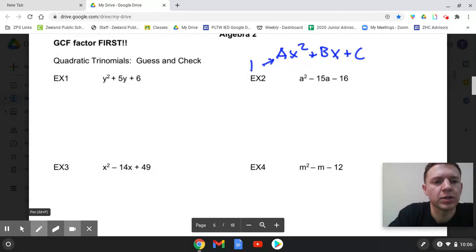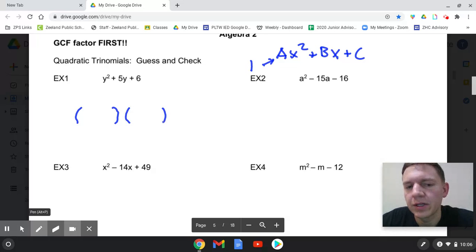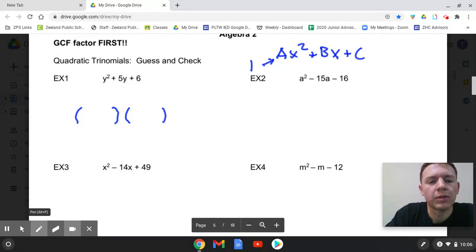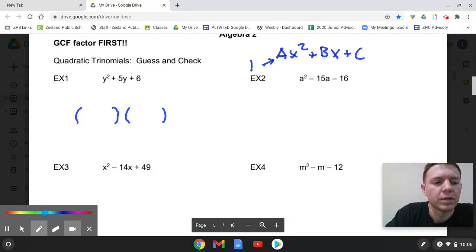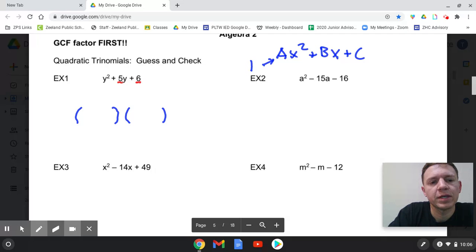When I see ax squared plus bx plus c, in this case y squared plus 5y plus 6, and there's no number in front of the y squared, I immediately do this, because I know that is going to factor into 2 binomials. Hopefully. Not always, but usually. And I'm looking specifically at those 2 numbers.